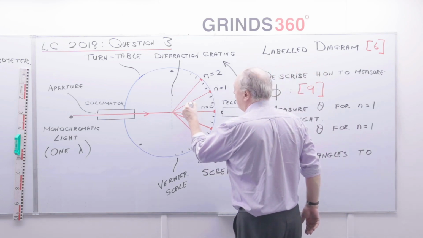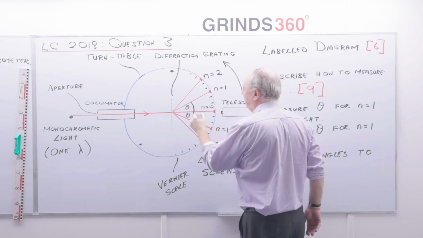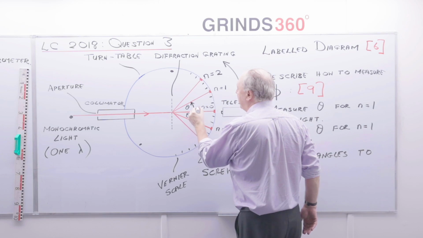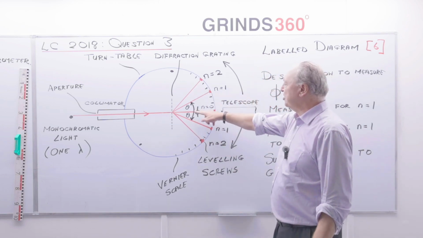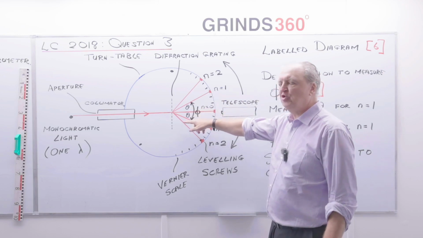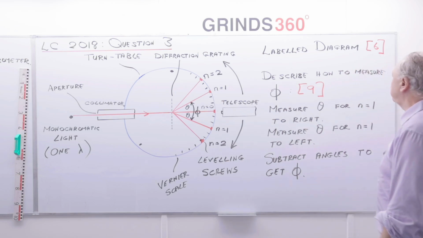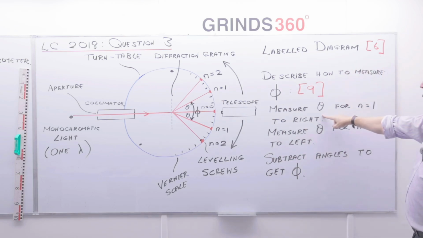The angle we're talking about is the angle between n equal to 1 up there and n equal to 1 down there. And that angle we're calling phi. The phi, you can see, is made up of 2 θ because the angle above and below should be the same. So what do I need to say to describe? Well, you're going to measure θ for n equal to 1 to the right.